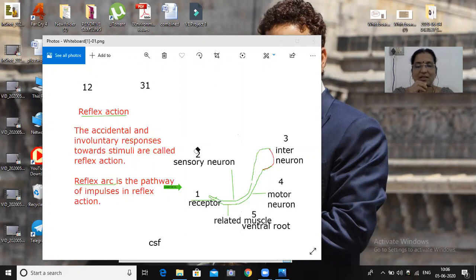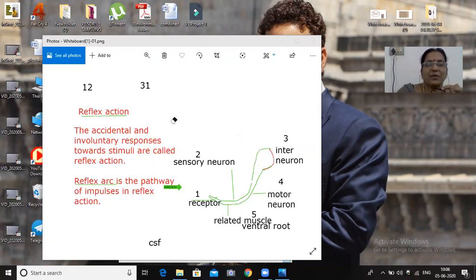Actually, it is one of the protective mechanisms against the damage of the body parts. So reflex action is the accidental and involuntary response towards stimuli.